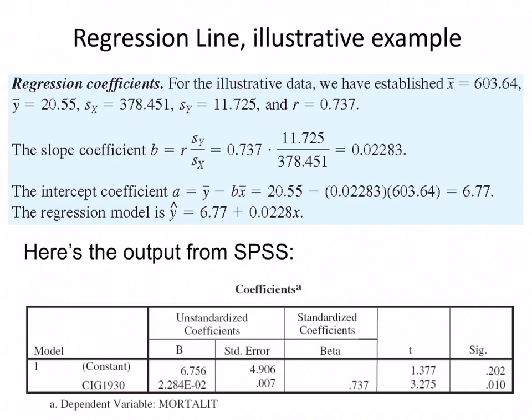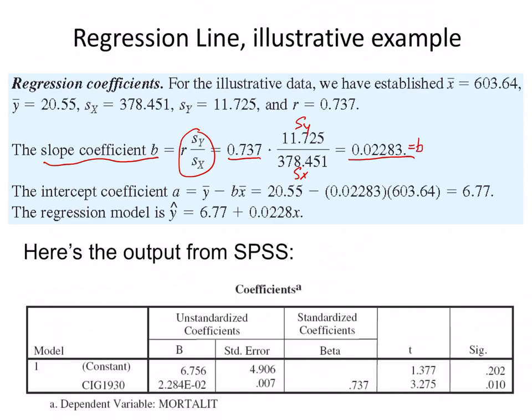Regression line, illustrated example. For this example, we have established that x bar equals 603.64, y bar equals 20.55, with our standard deviation of x, standard deviation of y, and our r value. This is what we've calculated in the previous videos. To determine the slope coefficient b, take r multiplied by the standard deviation of y over the standard deviation of x: 0.737 times s of y over s of x, and you're going to get a value of 0.02283.